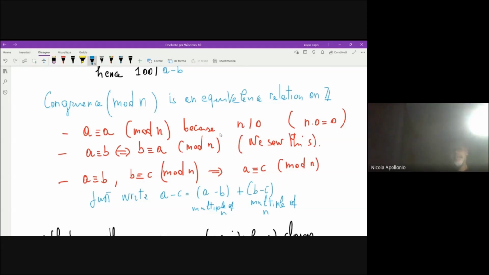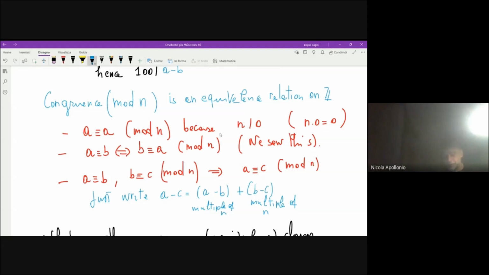Because if A is congruent to B, this means that B minus A is a multiple of n. If B is congruent to C, this means that C minus B, or B minus C, whatever you like, is a multiple of n, then A minus C is a multiple of n.